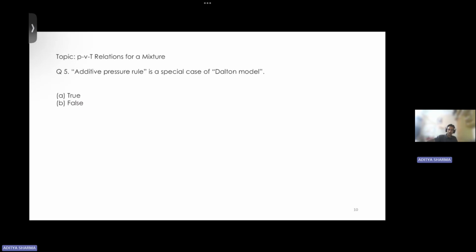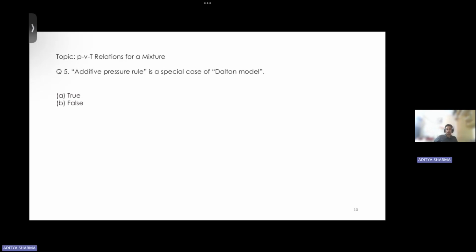So the additive rule says that for a mixture, we get the total pressure as the sum of the pressures of different components of that mixture at a value of temperature and volume which is the same as that of the mixture.